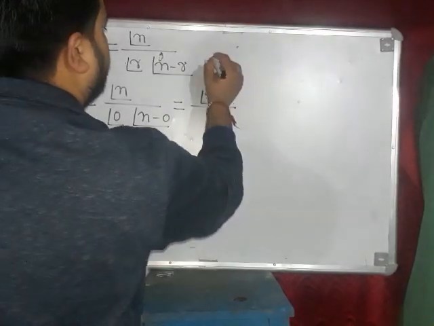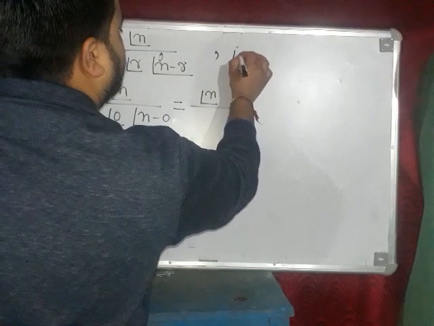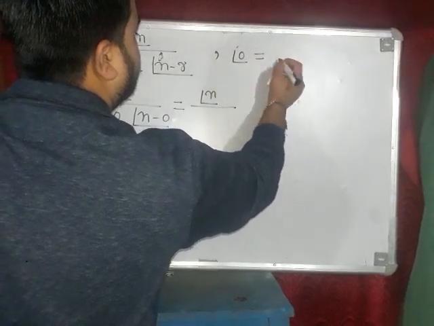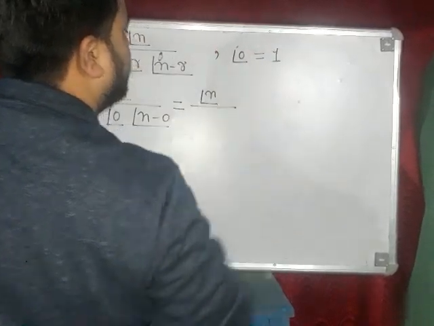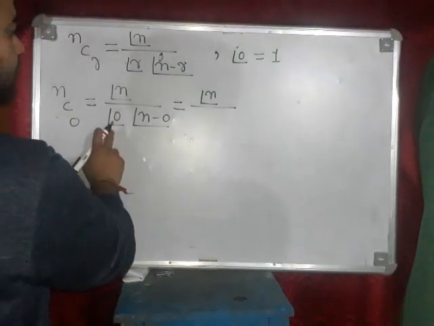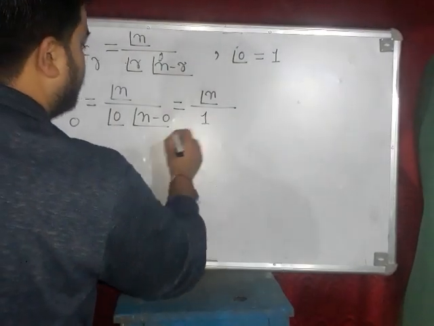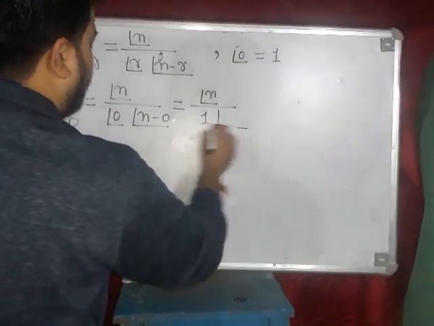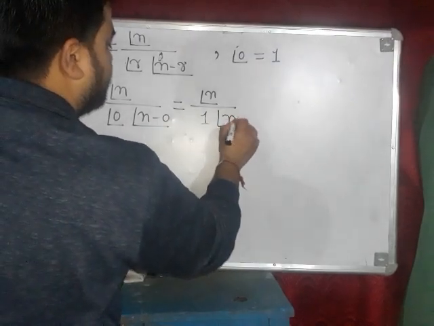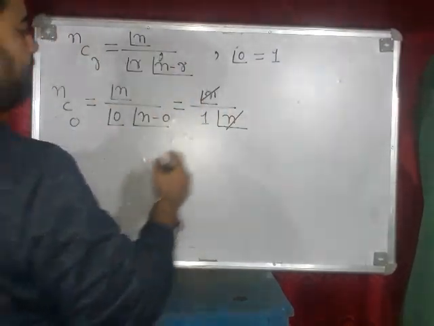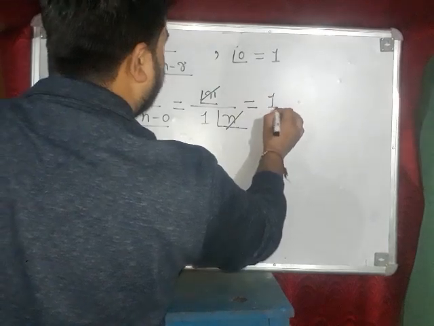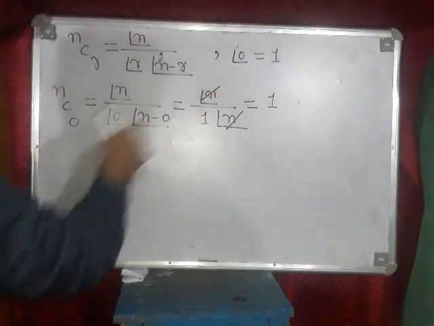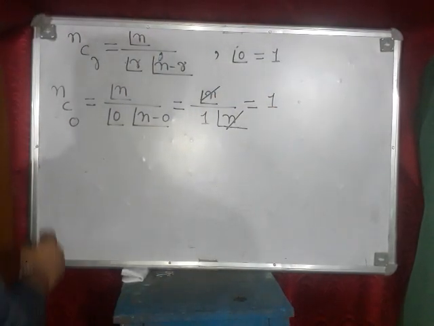You read in the previous class that the value of factorial 0 is 1. So put the value of factorial 0 as 1. Factorial n minus 0 becomes factorial n, cancel out factorial n, then the value comes nC0 is 1.